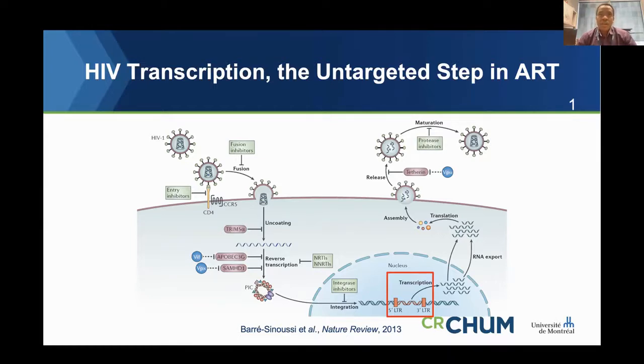Residual HIV transcription occurs during ART and represents a major cause of chronic inflammation. Block and lock strategies are currently investigated with the goal to inhibit HIV transcription, in part by targeting the transcriptional machinery of the cells.